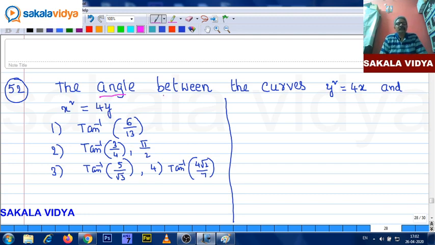The angle between the curves y squared is equal to 4x and x squared is equal to 4y. Already we have discussed, important point, let me discuss once again.